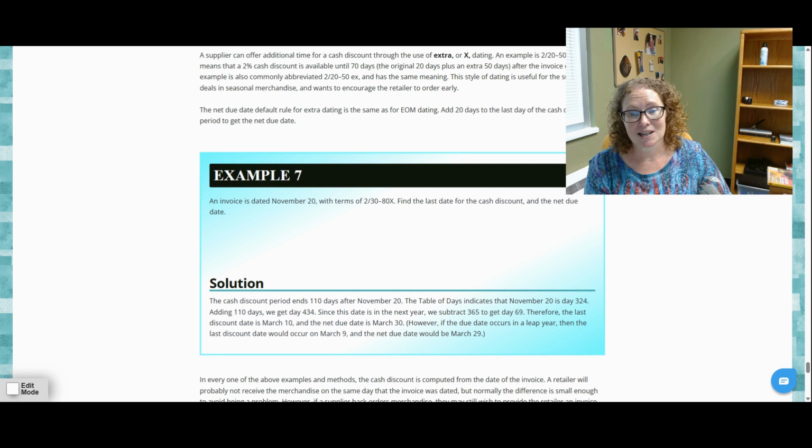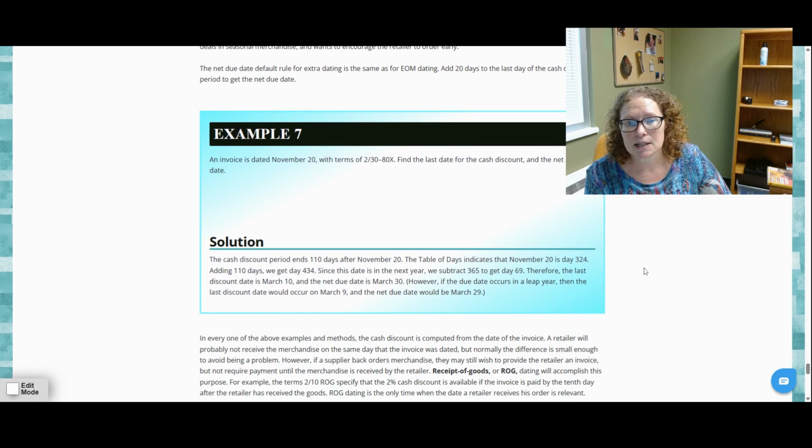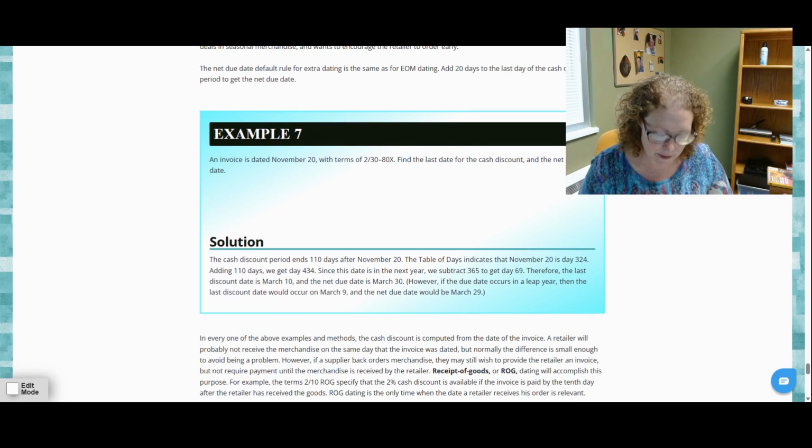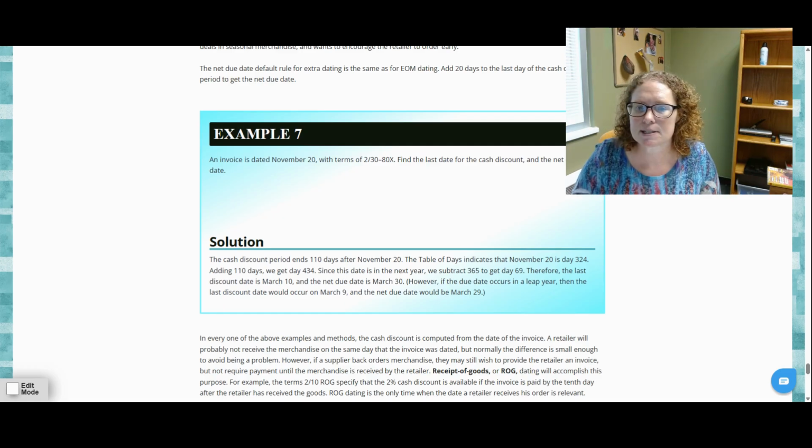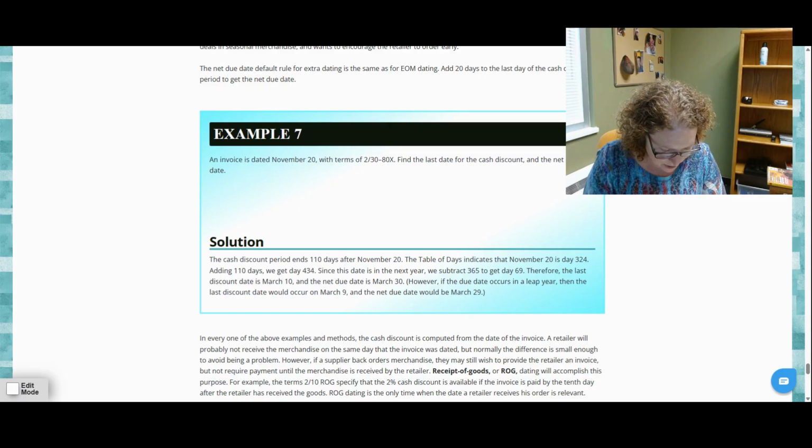So the cash discount period ends 110 days after November 20th because we have the 30 plus the 80, which would give us 110. So the table of days indicates that November 20th, so we're going to look at November 20th. I don't think this is a leap year, so we get to look at a regular one. So if we look at November 20th, 324, if we add 110 days to that, we get 434.